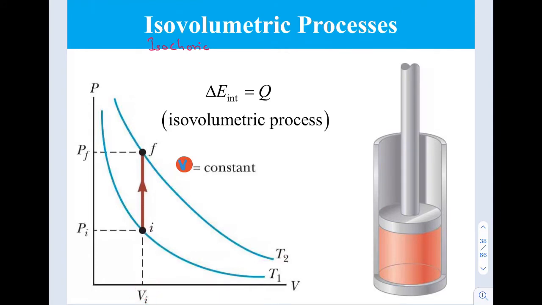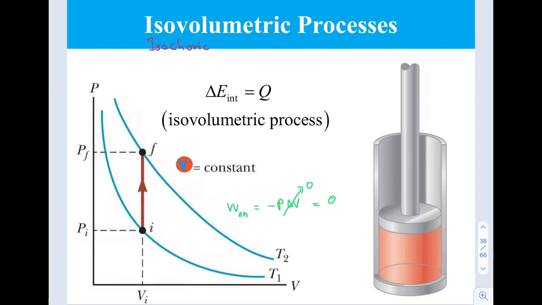Whenever volume is constant, for work done on the gas, based on P delta V, whenever there are no changes in volume, the work done will be 0. Work done on the gas will be 0.